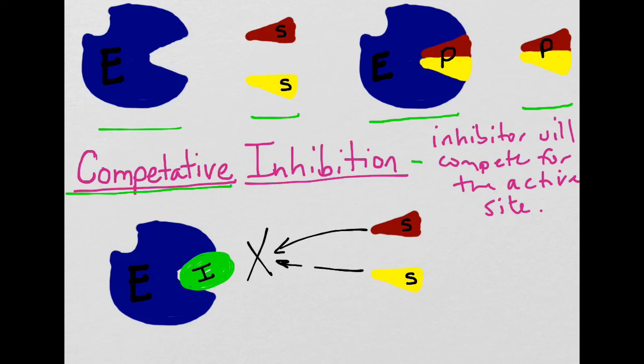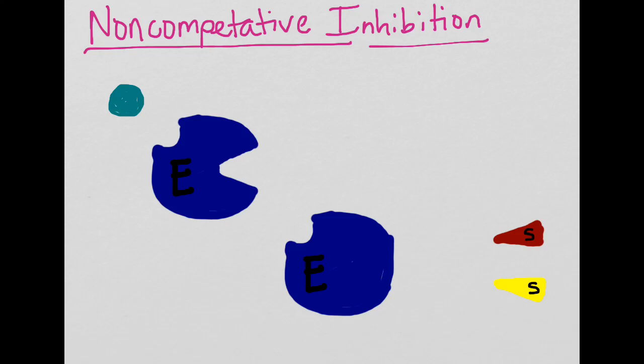Okay, next one. So the next one is non-competitive inhibition. And again, we're inhibiting the enzyme from doing its job.